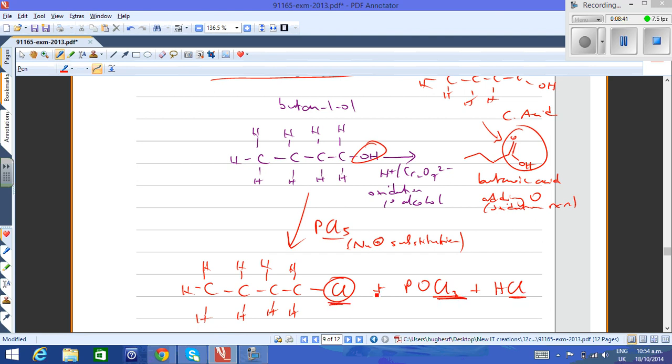The last type of reaction we want to take a look at is what happens if you take butan-1-ol and treat it with concentrated sulfuric acid. Well, this here is an elimination reaction. It's called an elimination reaction because you're removing, let's write that properly, removing water in this case.